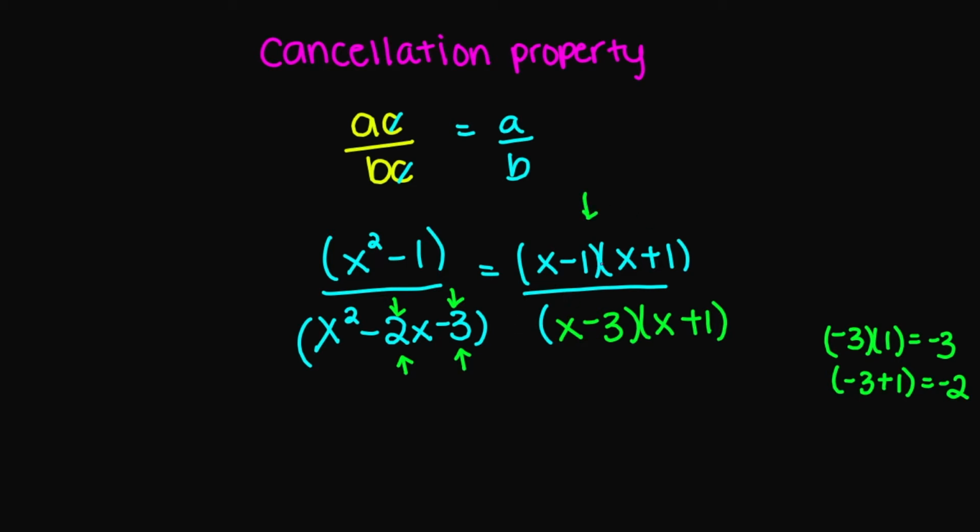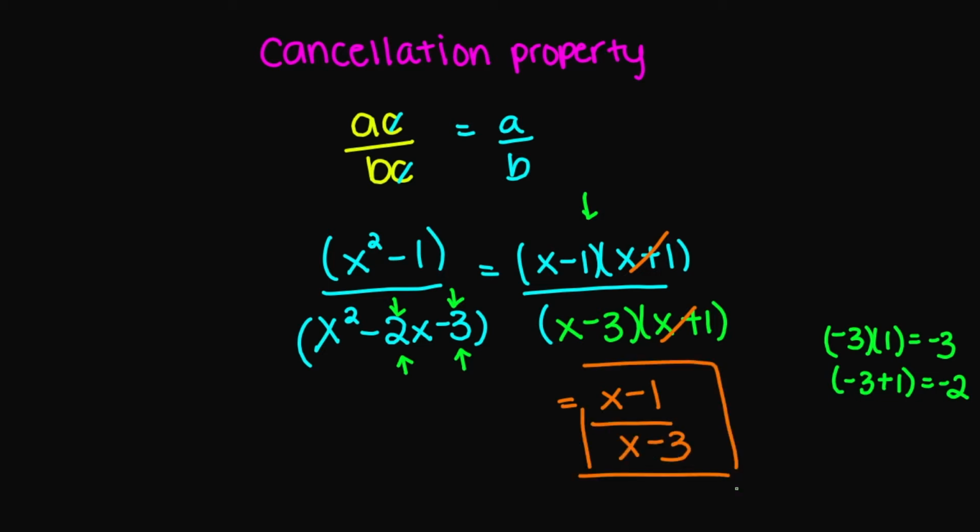However, based on the cancellation property, I can cancel my x plus 1, and I'll be left with x minus 1 over x minus 3. So it is important to understand that a rational expression is reduced to lowest terms by completely factoring the numerator and the denominator and canceling out any common factors by using the cancellation property.